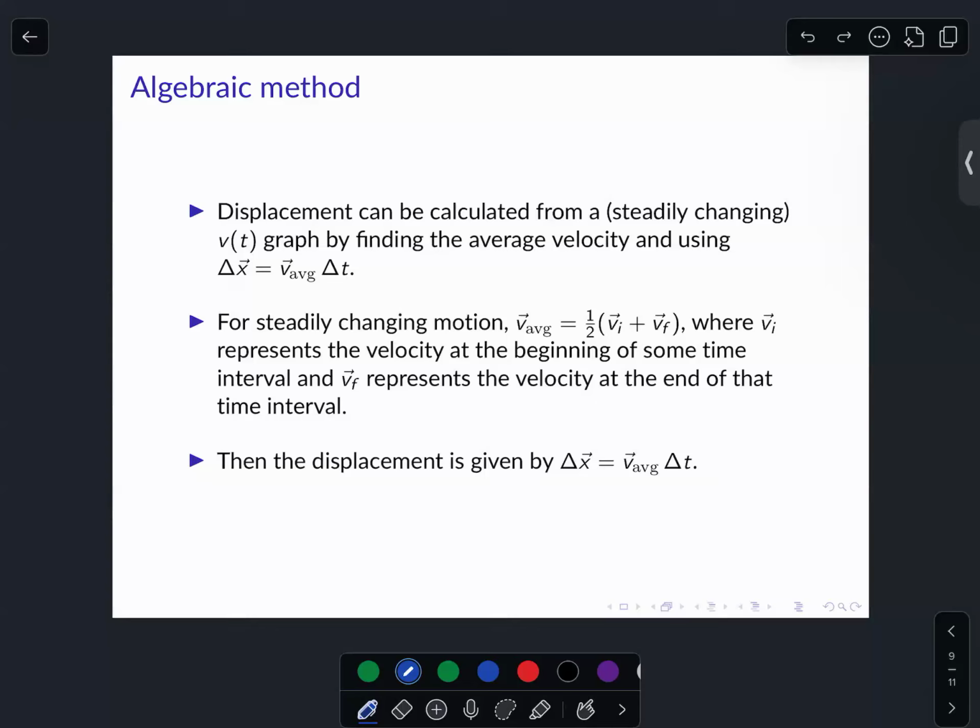However, this is not a calc-based class. You do not need to know or remember one bit of calculus. There is a very simple idea. If you want to know how much displacement you get, even when your movement is changing, just take the average velocity. What's an average number? How do I take the average of two numbers?